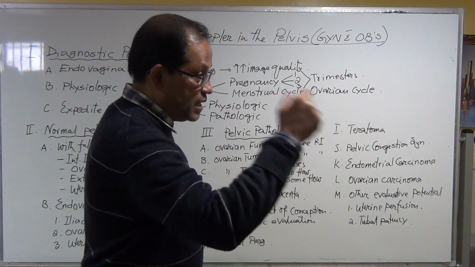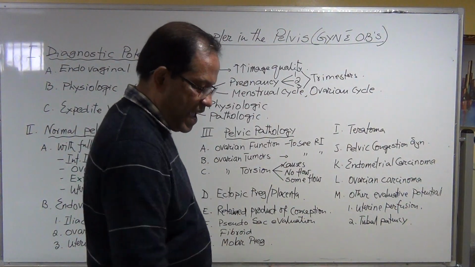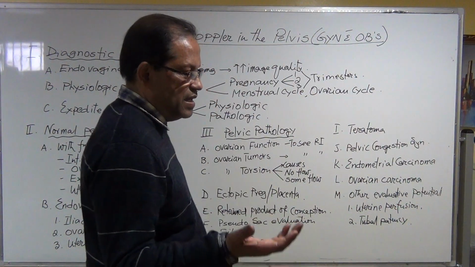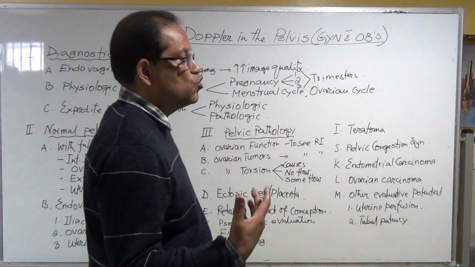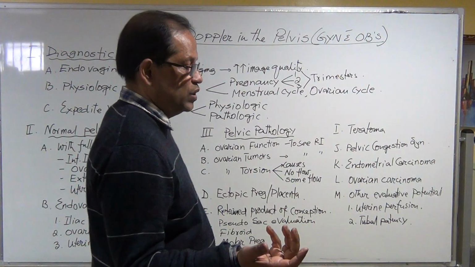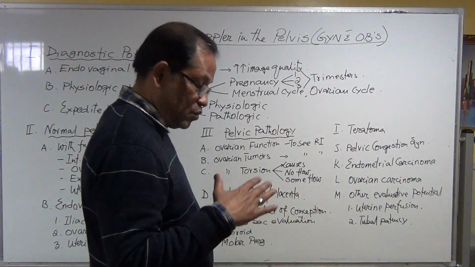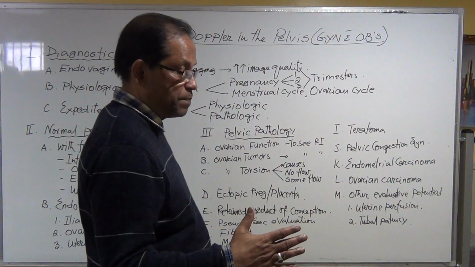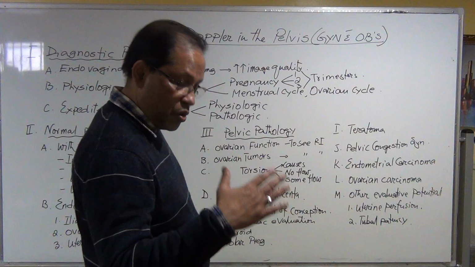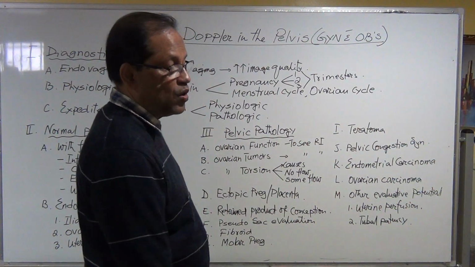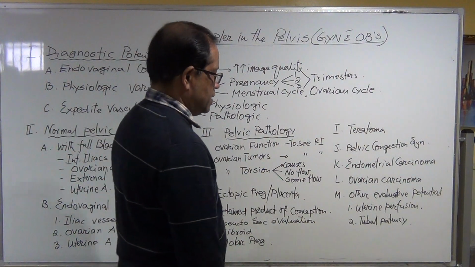We need to click the color to see if the blood vessels in the pelvic cavity are really too congested, dilated, with too much flow within the pelvic cavity, within the wall of the pelvis, or within the wall of the organs. We can figure it out by clicking the color.